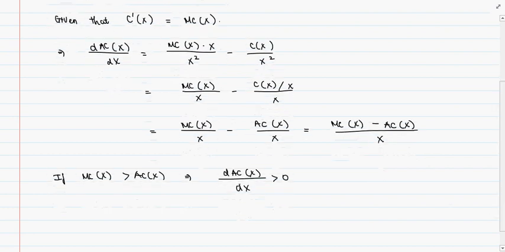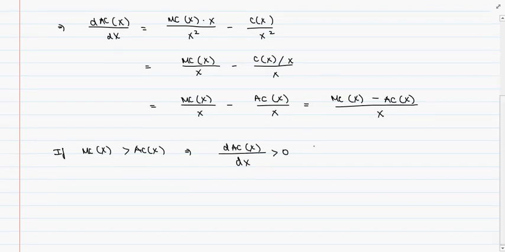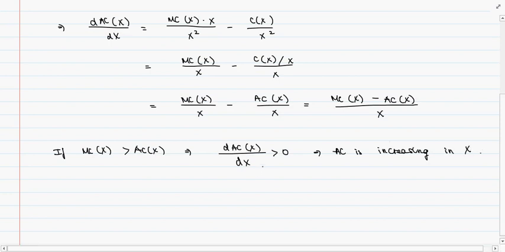This positive means that whenever X is increasing, the average cost is going to be increasing. So average cost is an increasing function of X: whenever X is higher, average cost is higher.